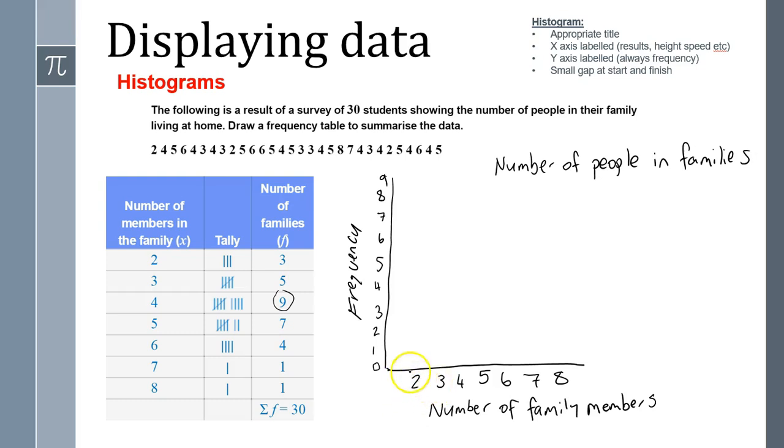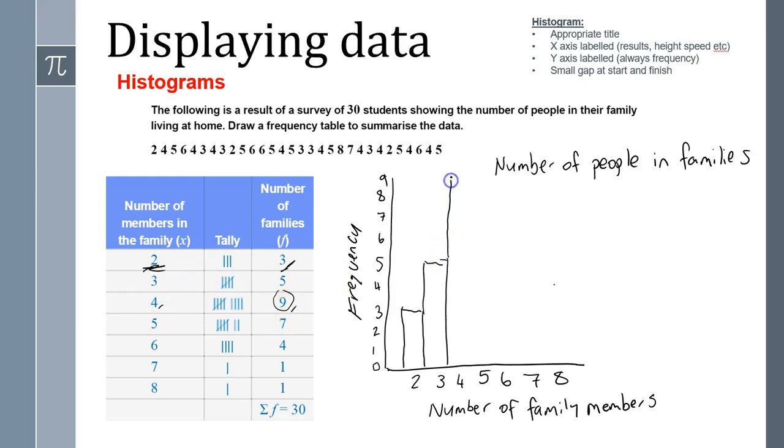So I'm going to first start off with number of family members 2. This occurs 3 times. So I'm going to go up to the 3 and put a column up to the 3. You know the same thing, 3 family members occurred 5 times. I'm going to go up to the 5. 4 family members occurred 9 times.